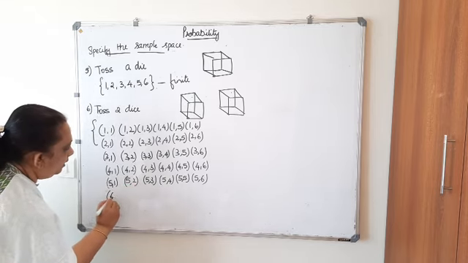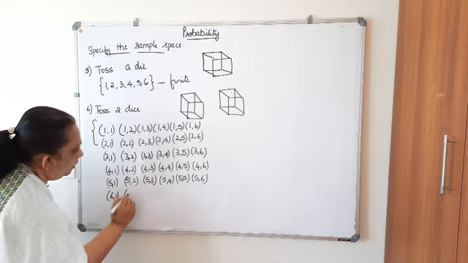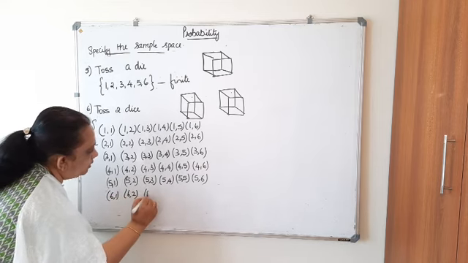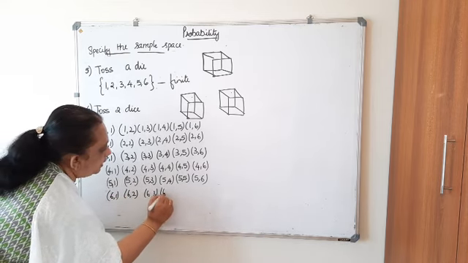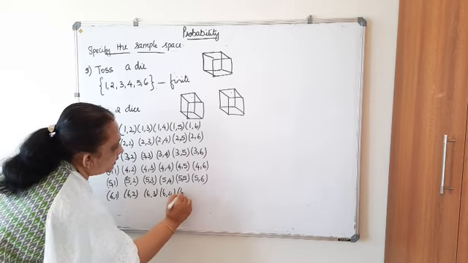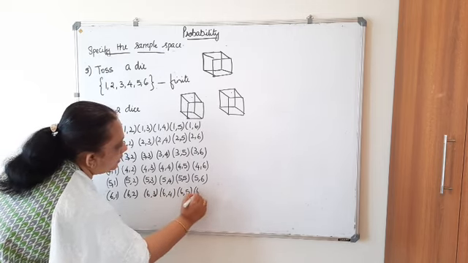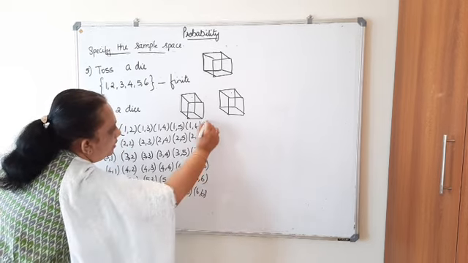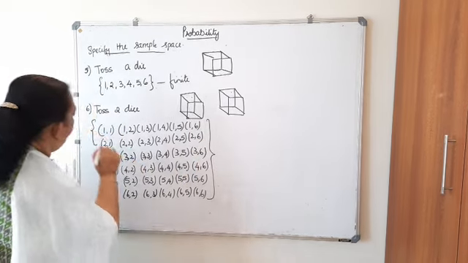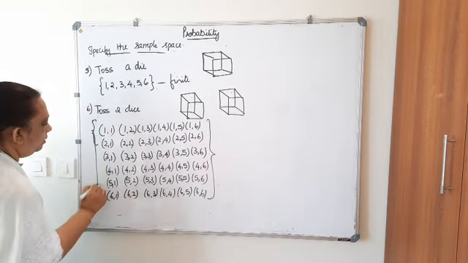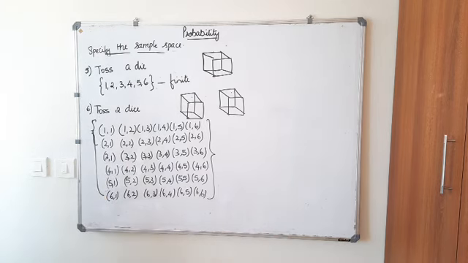Then it can be 6 1, 6 2, 6 3, 6 4, 6 5 and 6 6. This is the sample space when you toss two dice.